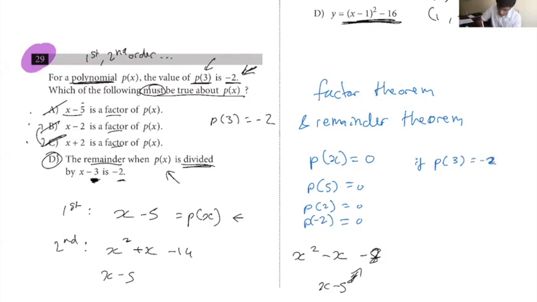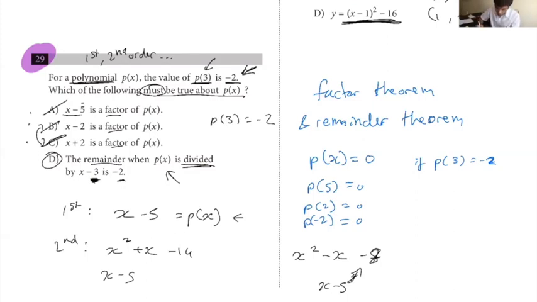Got it. Okay, I'm not very sure about the specifics, but I know that since P of 3 is -2, it means when you divide P of X by X minus 3, the remainder is minus 2. So that's how I got D as the answer. Awesome, nice. So you got it quickly. That's amazing.